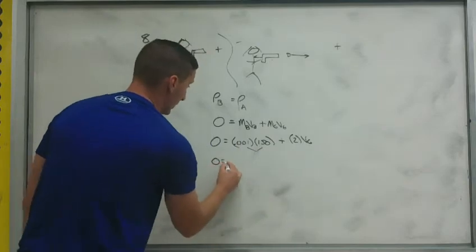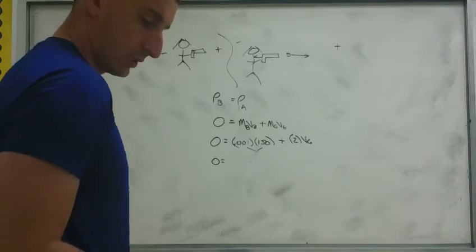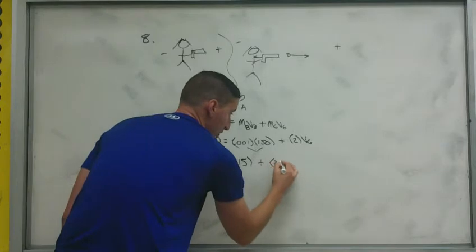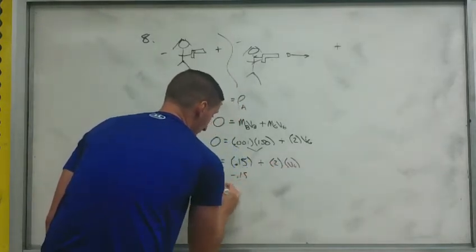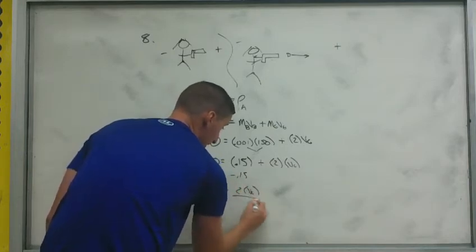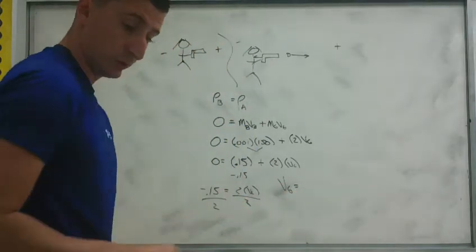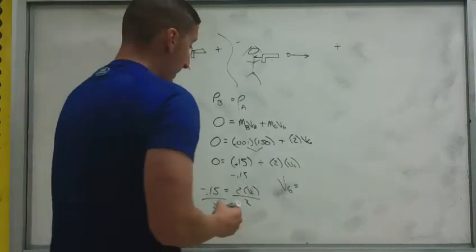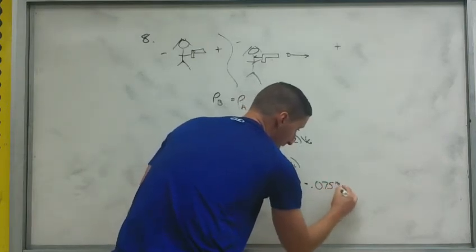I get 0 equals 0.001 times 150, which gives me 0.15, plus 2 VG, velocity of the gun. Subtract 0.15 from both sides: negative 0.15 equals 2 times the velocity of the gun. Divide by 2. The velocity that the gun has when it recoils is negative 0.15 divided by 2, which gives me negative 0.075 meters per second.